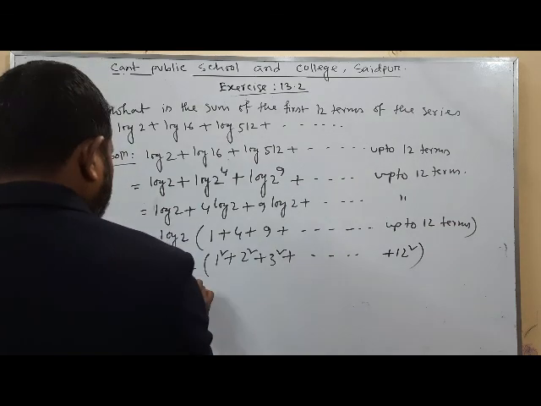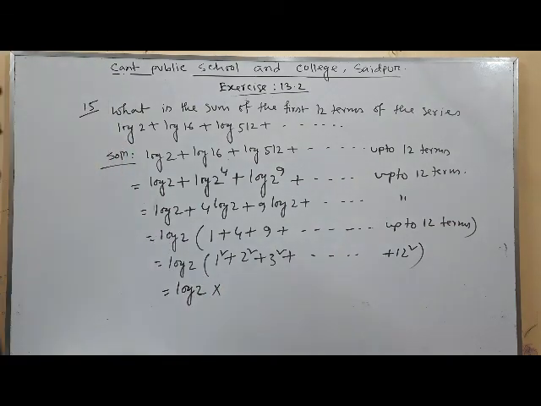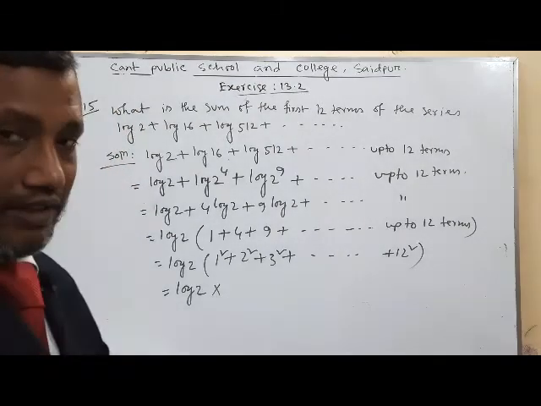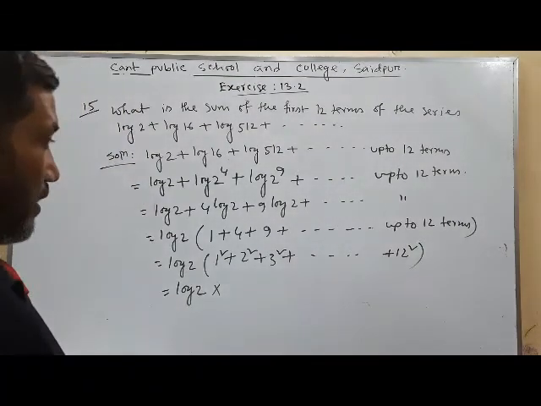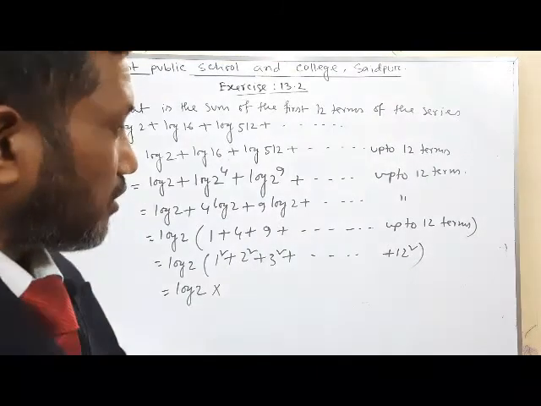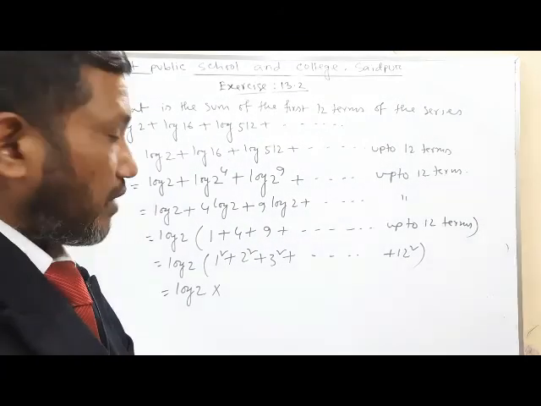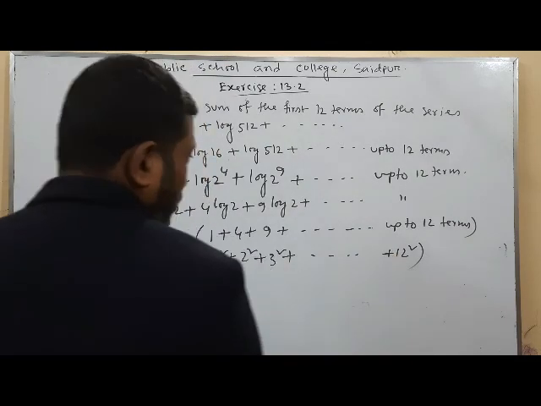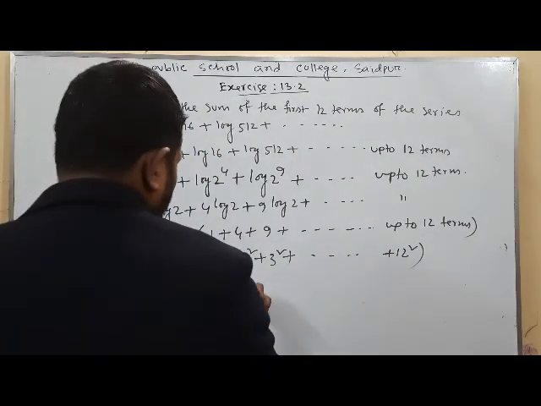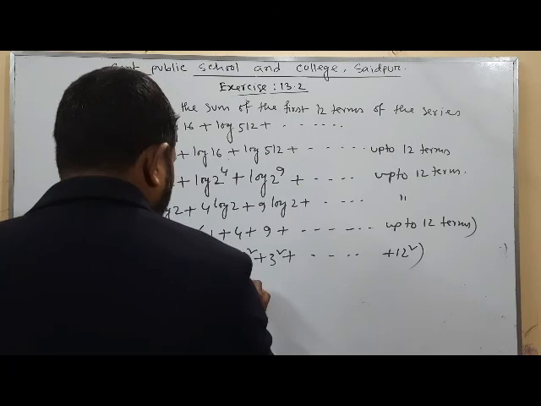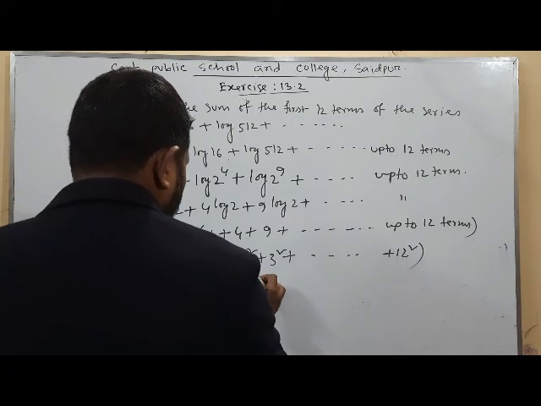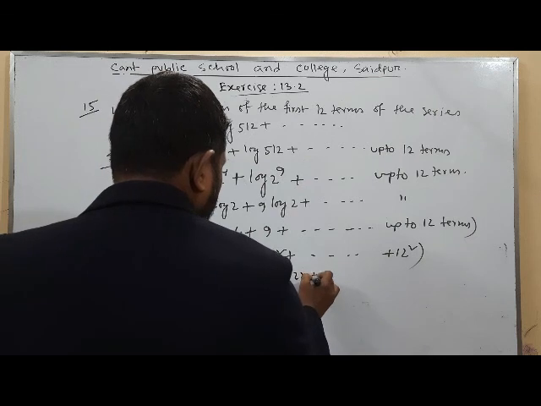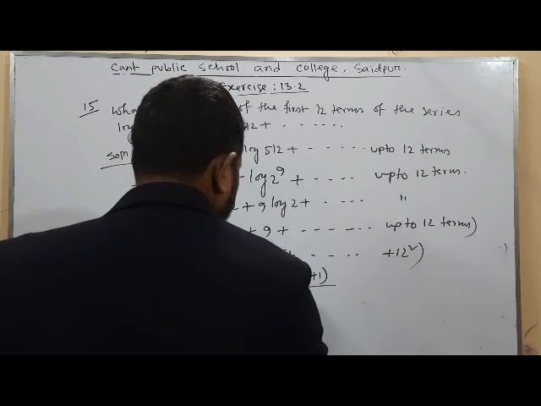We know 1 square plus 2 square plus 3 square plus dot dot n square is equal to n into n plus 1 into 2n plus 1 by 6. So according to this, here number of terms is 12. So I'll write here, first I am writing this formula n into n plus 1 into 2n plus 1 by 6.